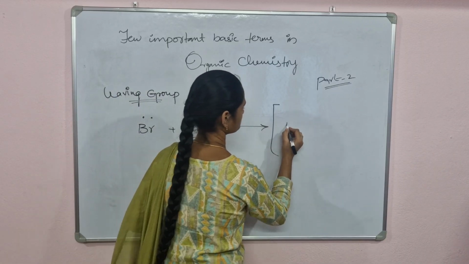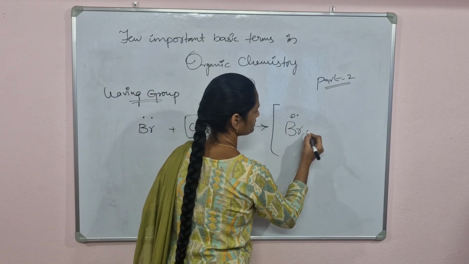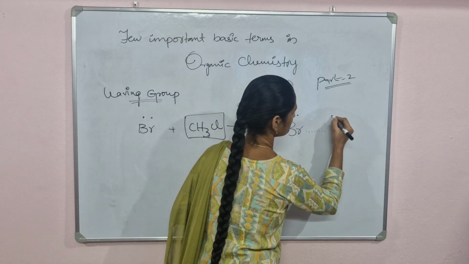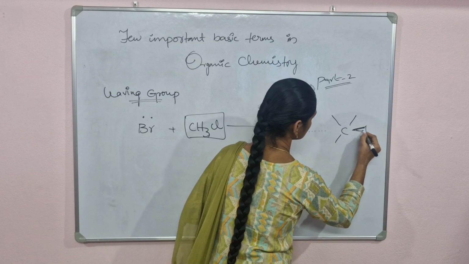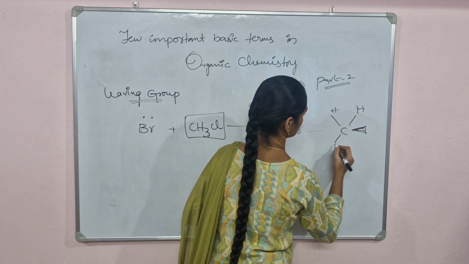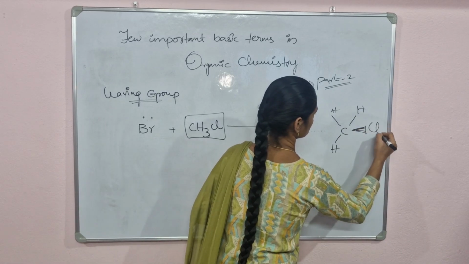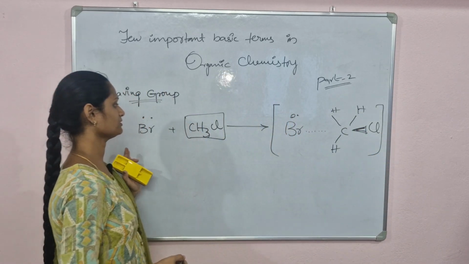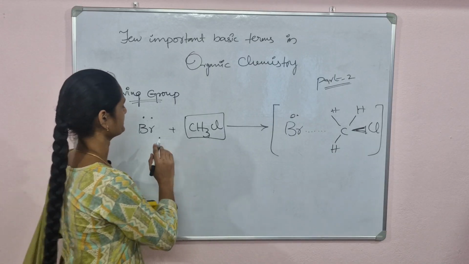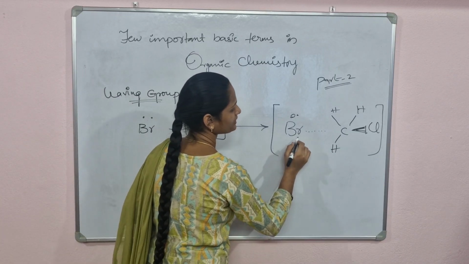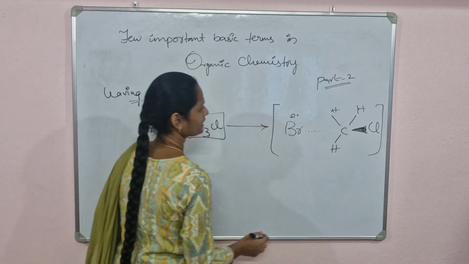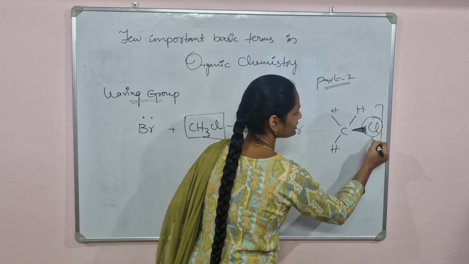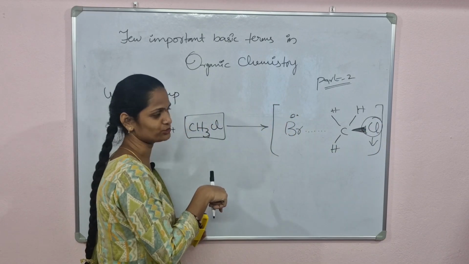a state where bromine tries to be bonded with chloromethane. See, here bromine is slightly trying to attach with this molecule, and chlorine is trying to get detached from this molecule.